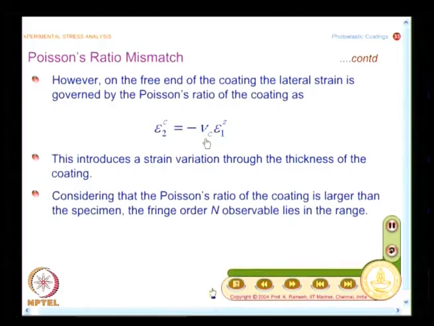This is one aspect of it. The other aspect is when I have free edges, there also you have to bring in the Poisson's ratio of the coating in your analysis. People have done studies and looked at in what way one has to consider this, and in which region Poisson's ratio is important.